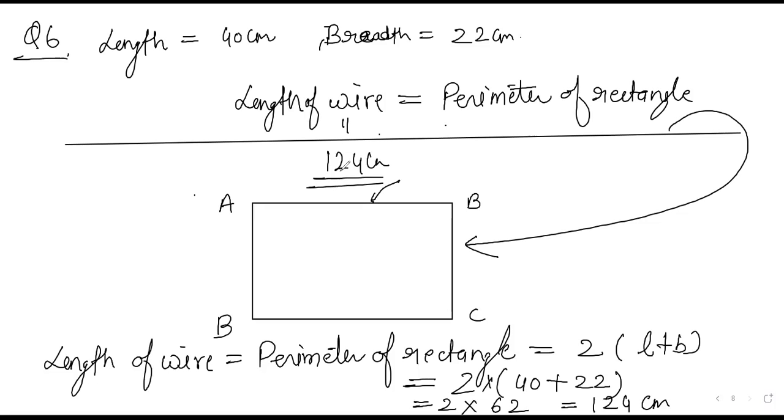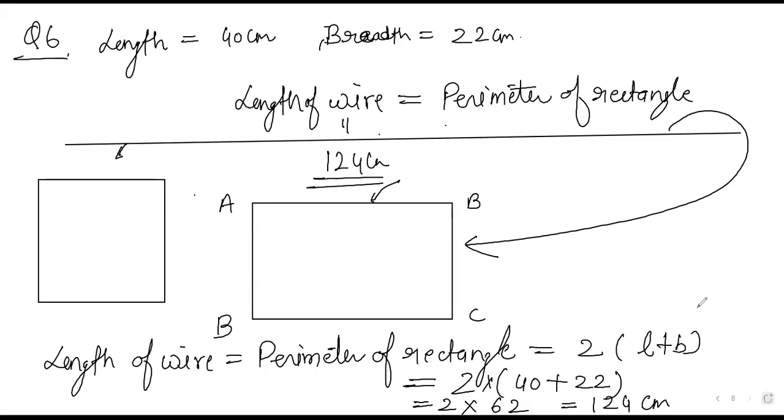Now the next step of this question: if the same wire is rebent in the shape of a square, meaning the wire we had, we convert it into square form. Suppose this is your square. So again the length of wire will be equal to the perimeter of the square.